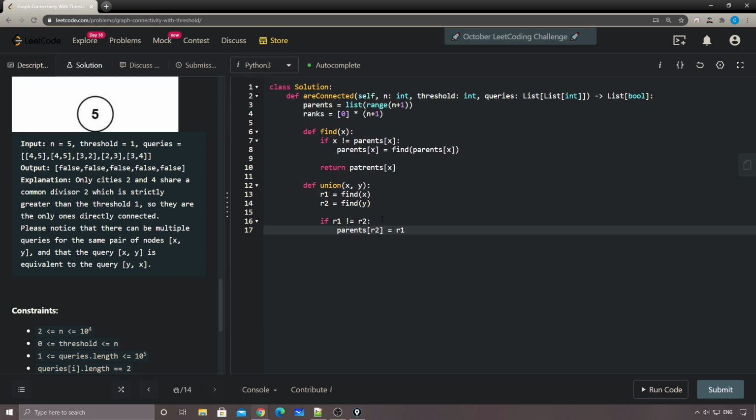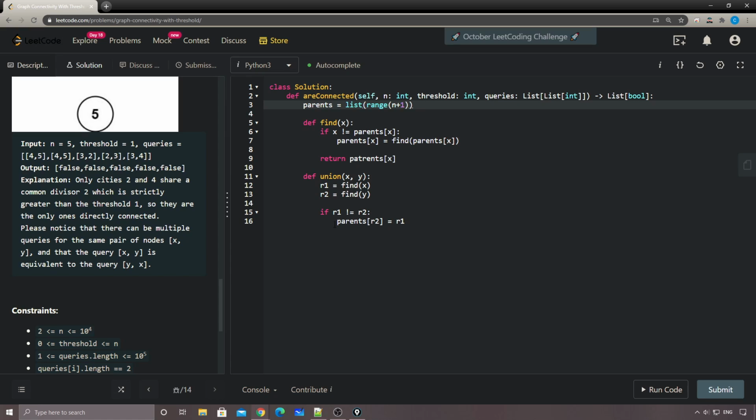That's an improvement of this union find template, but it only improves the speed a little bit. We are not going to use the rank concept here because it won't affect our logic. Our goal is just to union everything together. It doesn't matter whether we always union to R1 or R2, so it's okay.